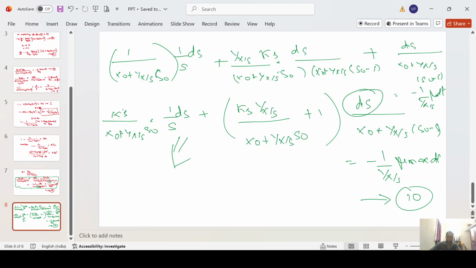How we could replace the ds here is, yes, ds can be written as minus 1 by yx by s dx. Because it is integration, ds term is replaced. So the next part is I should write the entire equation and substitute it after substitution.